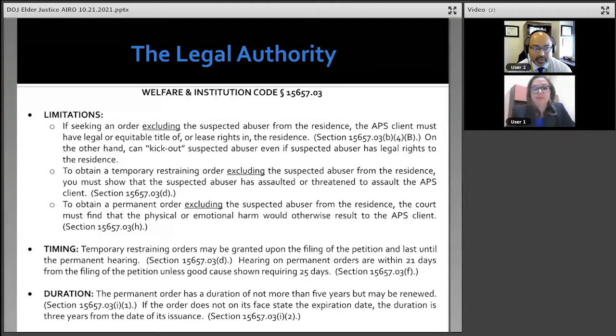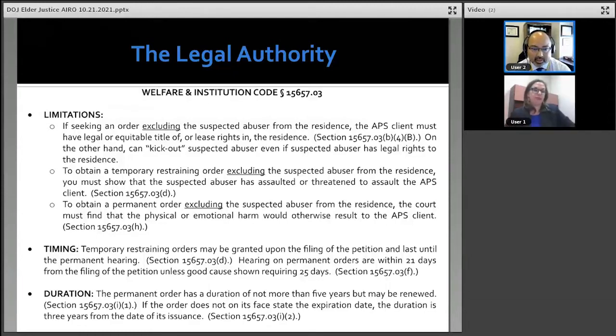Just to let everyone know, there are some limitations under the statute when you're seeking to exclude a suspected abuser from the residence. First of all, the person you're trying to get protection for has to have a legal or equitable title to the residence in order to get a kick-out order on a suspected abuser.